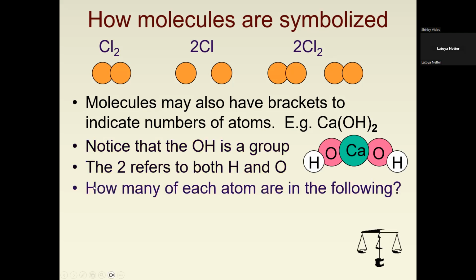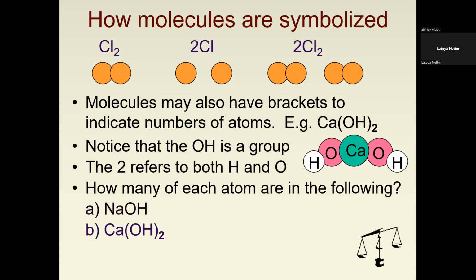So how many atoms are in each of the following? And I want you to tell me the atoms of each. Okay, so here you have 1 atom of sodium, 1 atom of hydrogen, and 1 atom of oxygen, right?